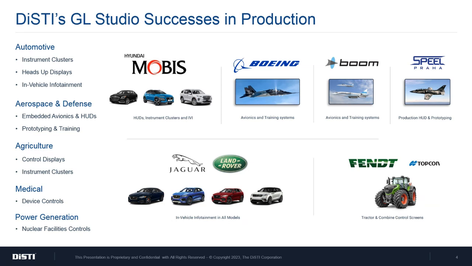For example, at Hyundai Mobis, GlStudio is used in a variety of different HUDs, clusters, and IVIs throughout a wide variety of different car models. Jaguar Land Rover standardized on GlStudio for 9 years for IVIs across all of their vehicle models. And on the safety critical side, we are used in a variety of aircraft, in many cases including the simulators and ground stations for those aircraft.